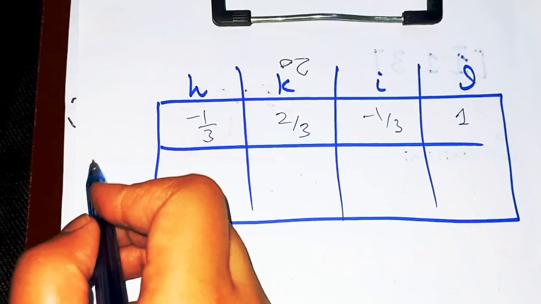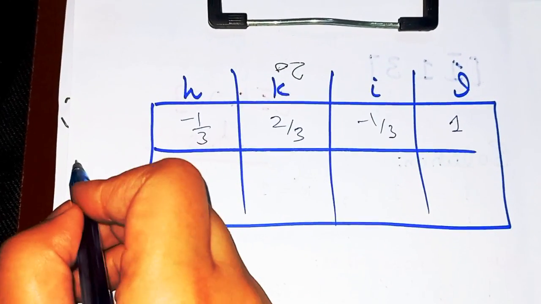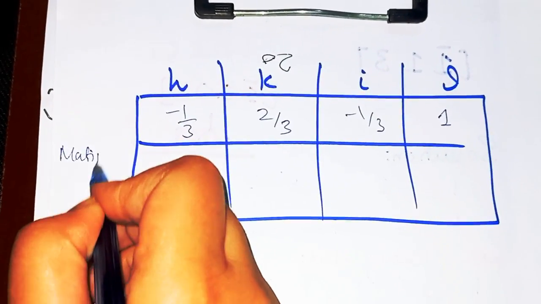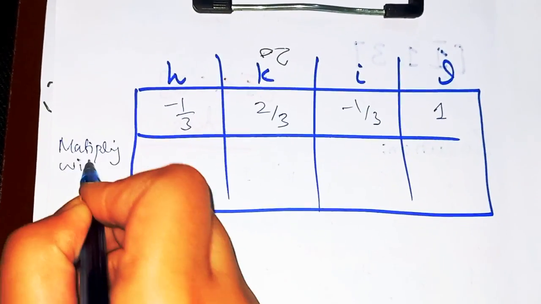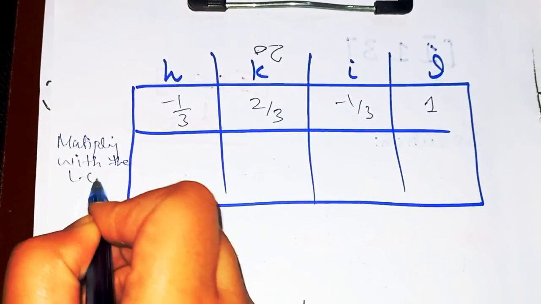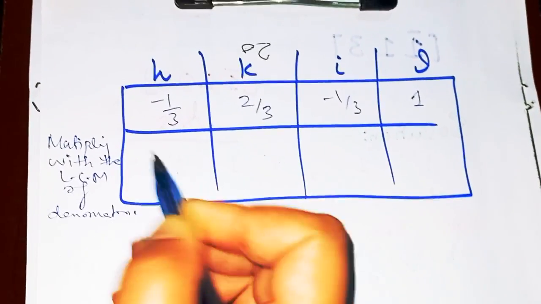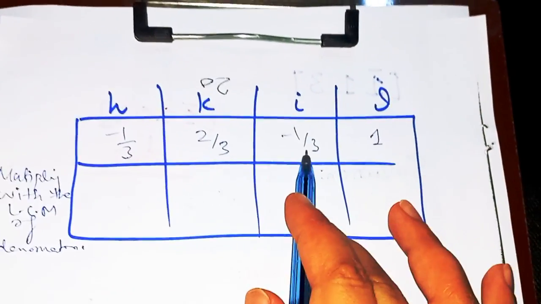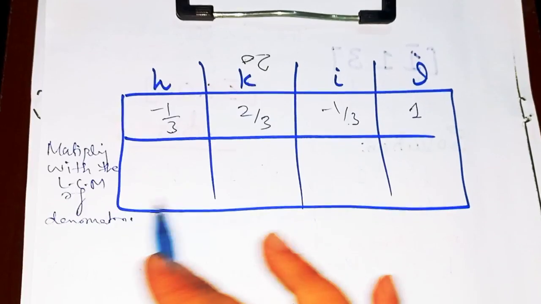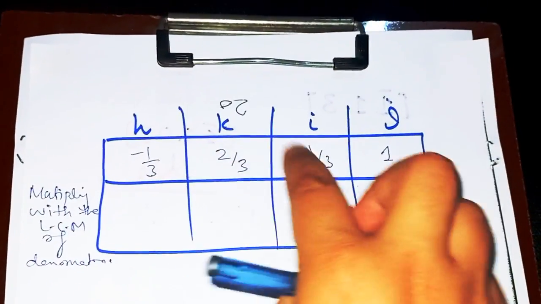Next, you will write down here the operation that we are going to perform, and it's multiplying with the LCM of denominators. We can see that it's 3 in the denominator, and hence we'll be multiplying with 3 with each of these indices.